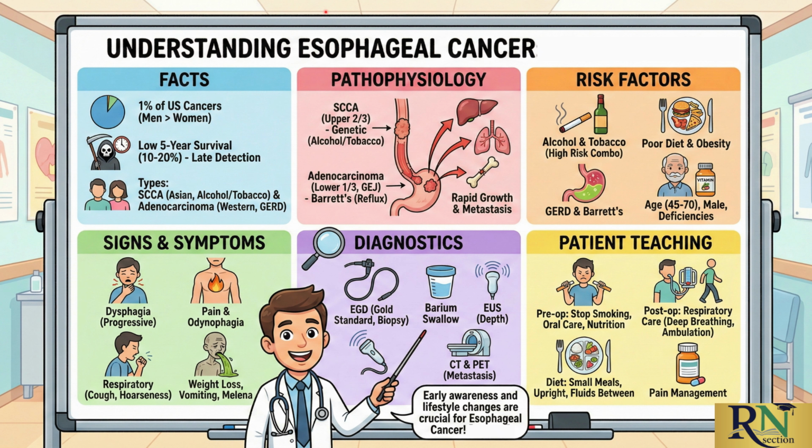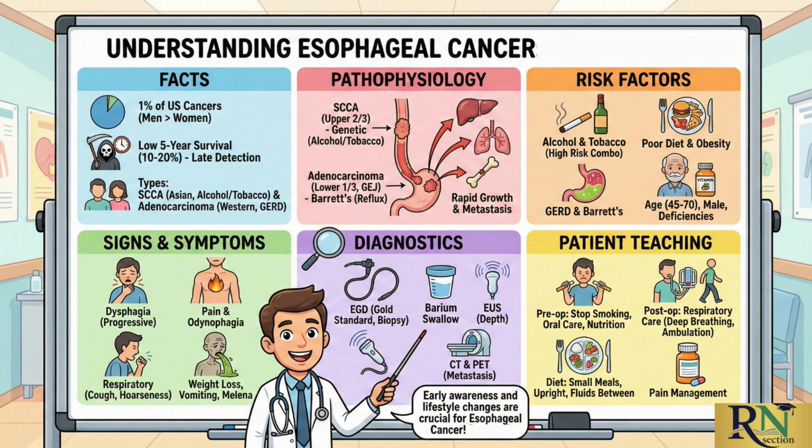For pathophysiology, the location of this one usually affects the upper 2/3 of the esophagus. See here. For this one, the pathophysiology is mostly found in the lower 1/3 of the esophagus, often at the gastroesophageal junction, right here.